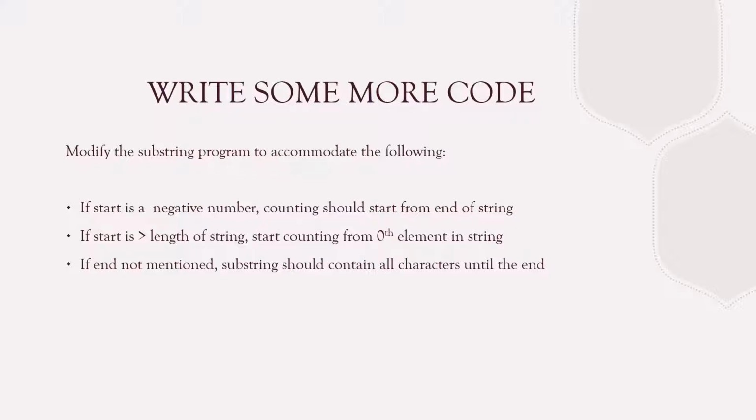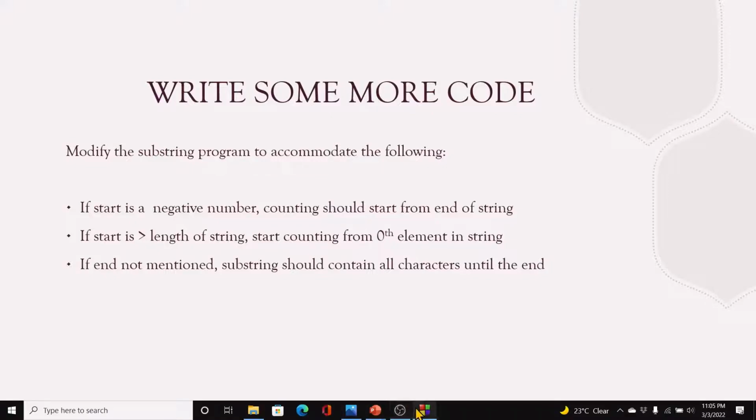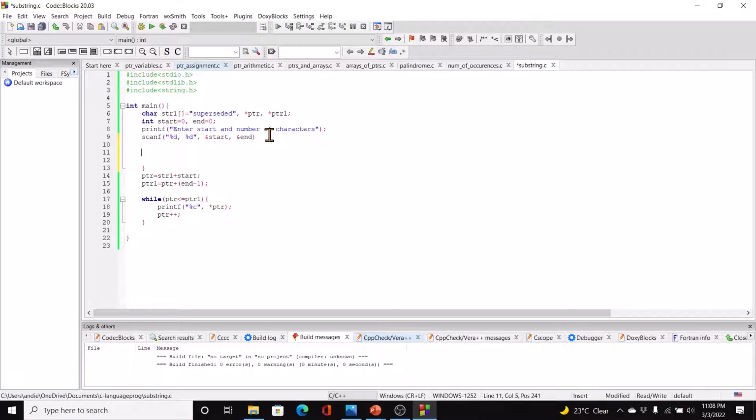So going back to the code, let's start with the first modification: if start less than 0, code block.